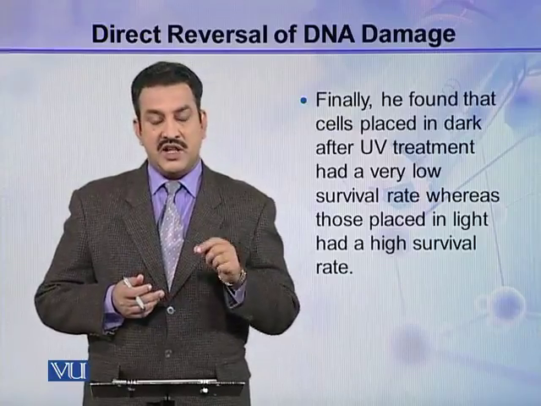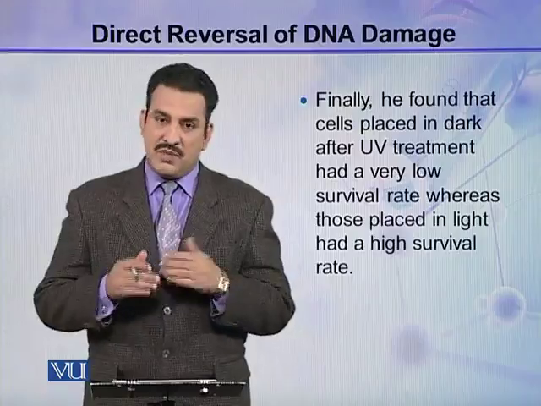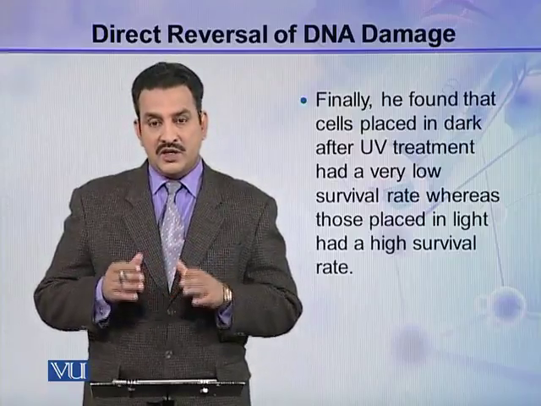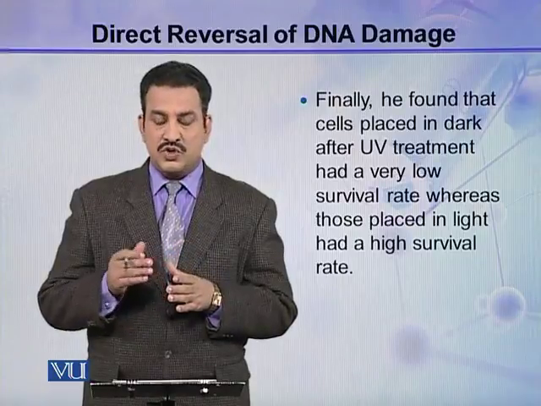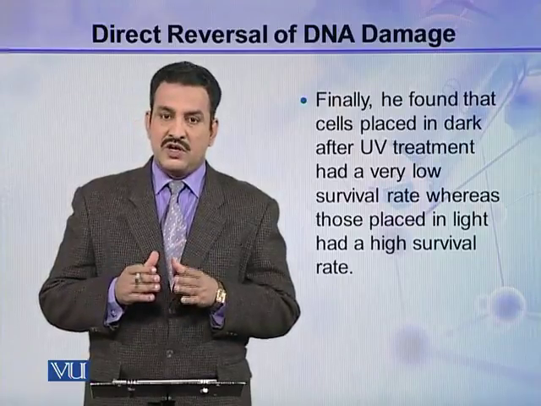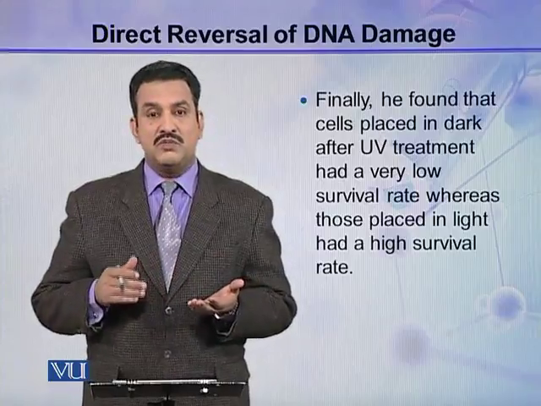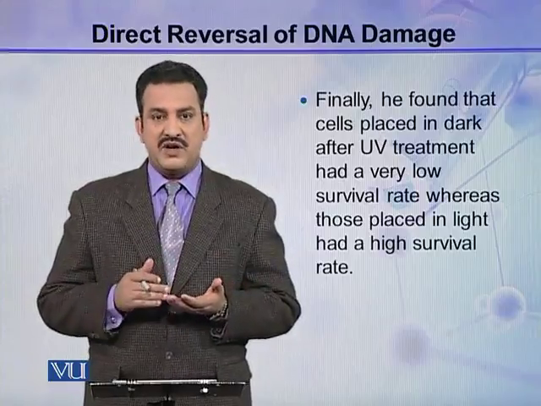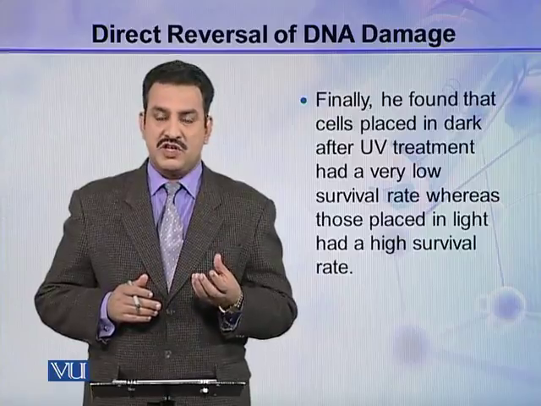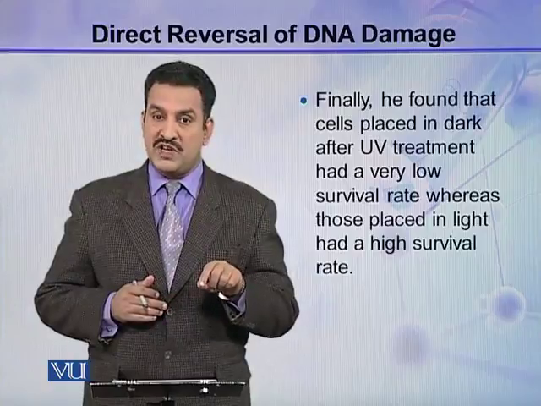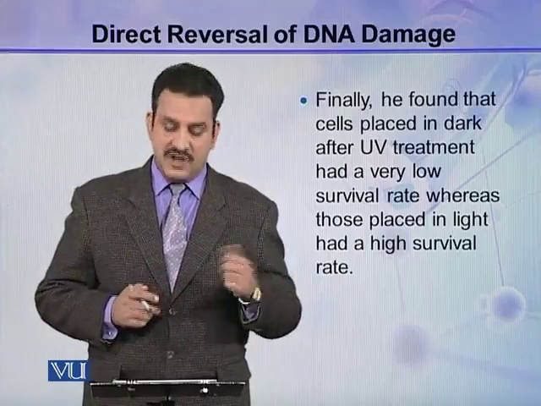That means light has somehow corrected the mutations, while the UV treated bacteria placed in the dark could not repair the mutations, and most of the bacteria were killed, so there were fewer survivors on those plates placed in the dark.